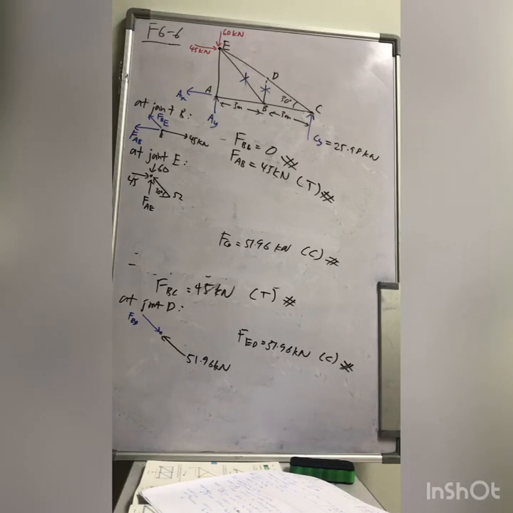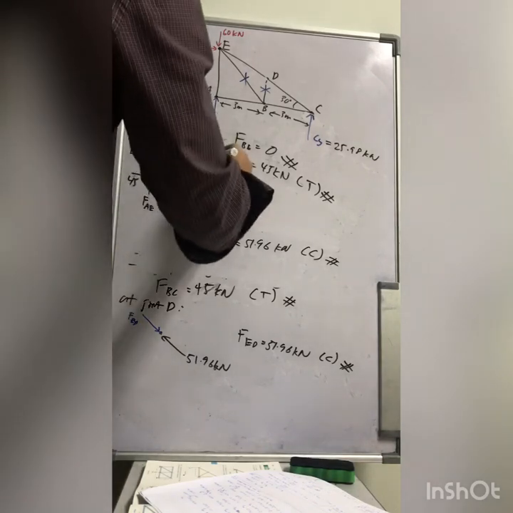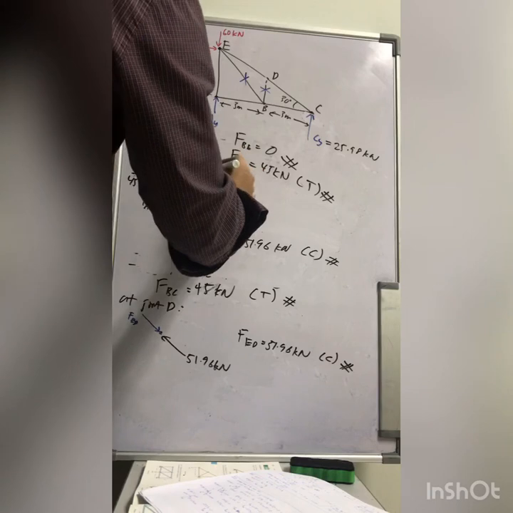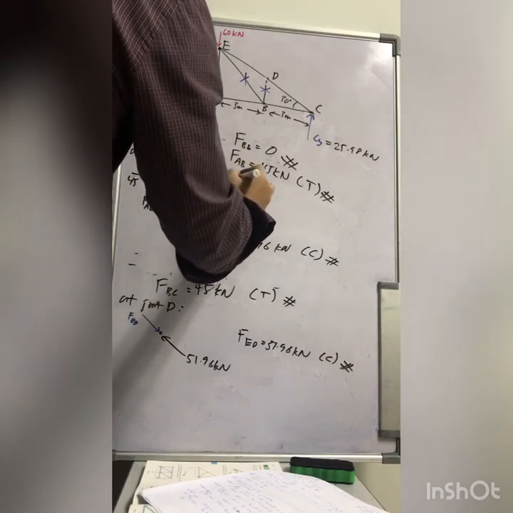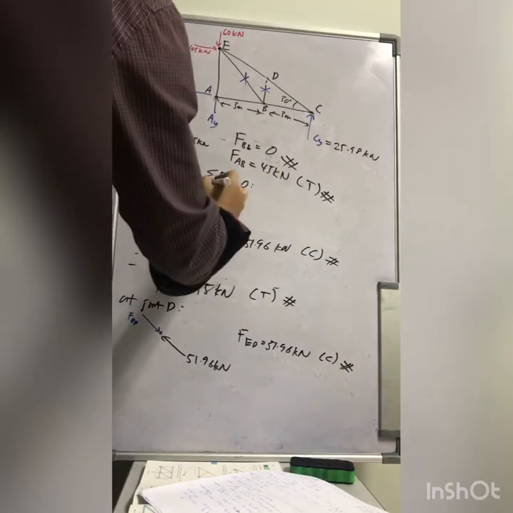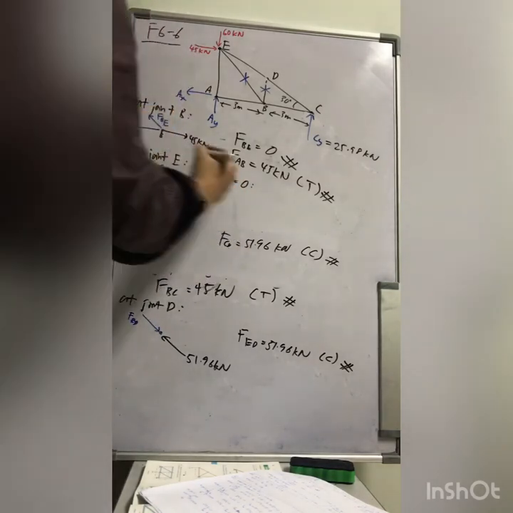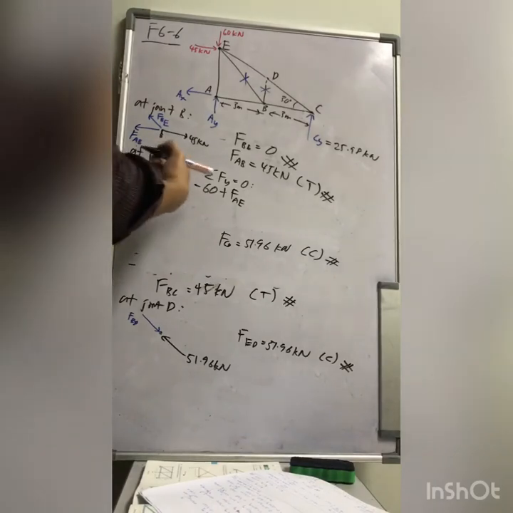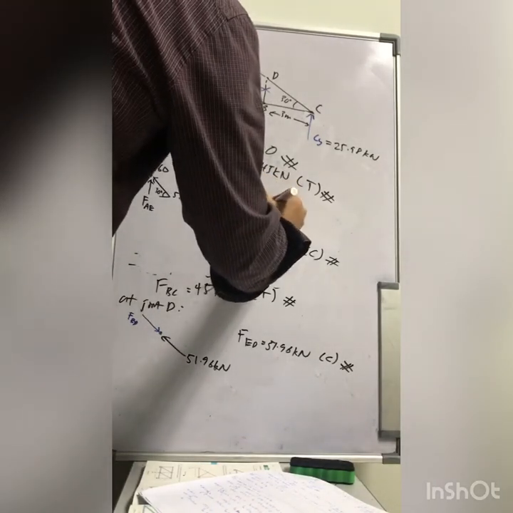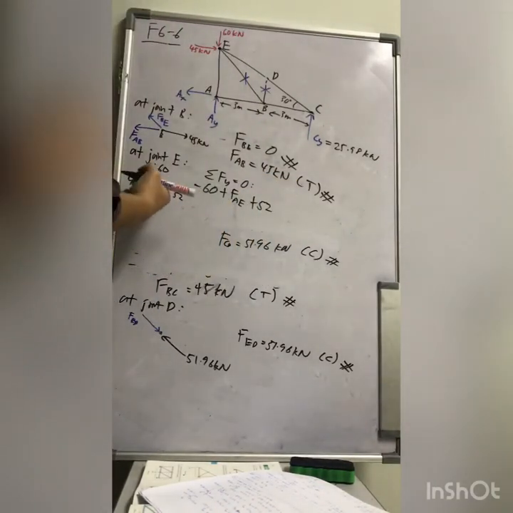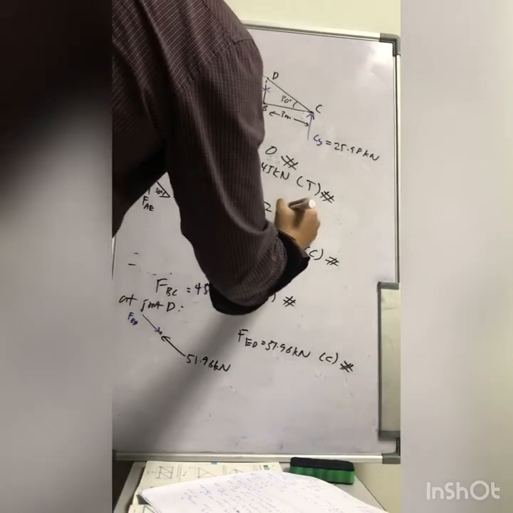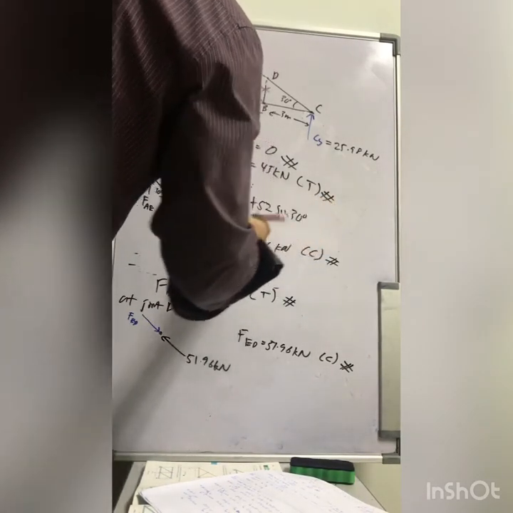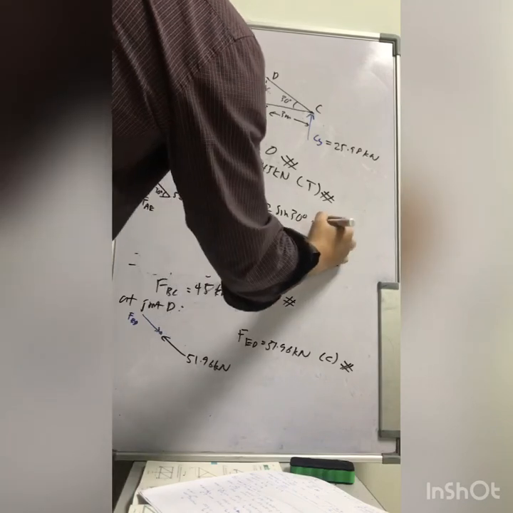Okay, so at this point E, if you do summation of Fy equals 0, you will have minus 60, plus FAE that you want to find, plus 51.96 sine 30, equals 0.